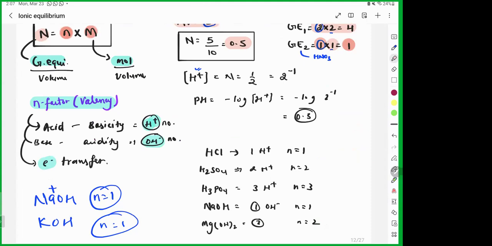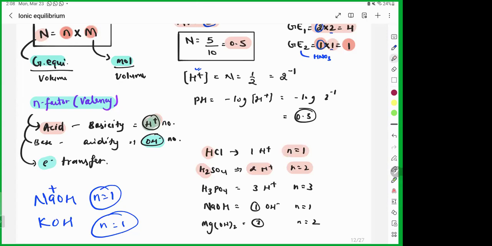Okay. For an acid, valency factor is how many H positive ions are in that acid. Like in H2SO4 we saw that 2 H positive ions can form, so the valency factor we wrote for H2SO4 was 2. In HNO3 there was only one H positive ion, so the valency factor in case of HNO3 was 1.